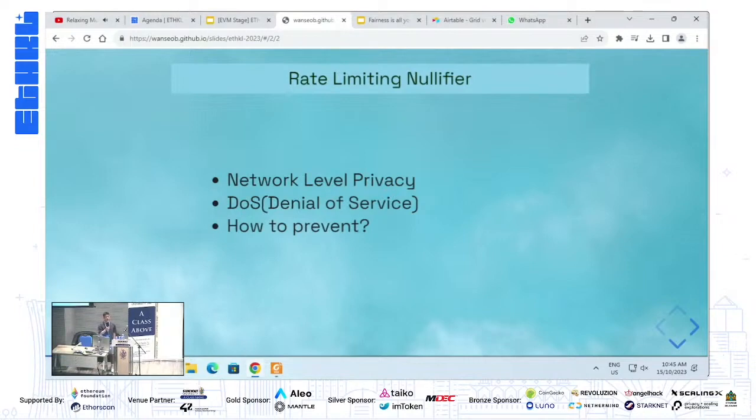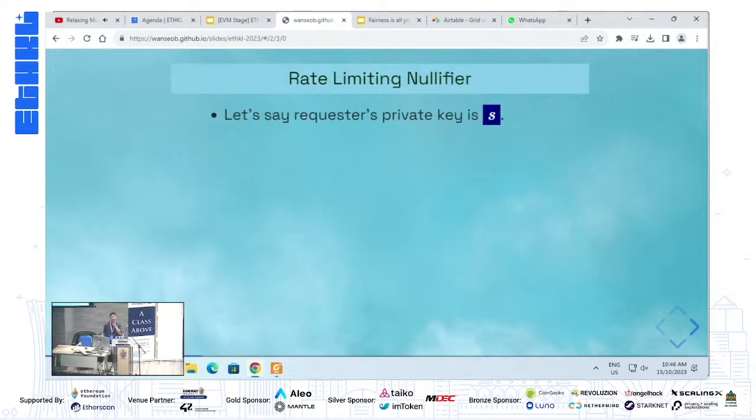In this case, there exists an attack point, because people can request thousands, millions of times for some information. And to prevent this, we can have a spam protection layer, which is called rate limiting nullifier.